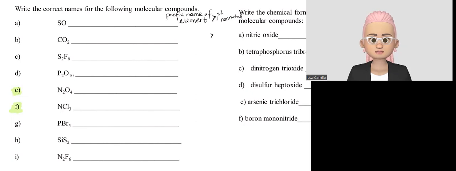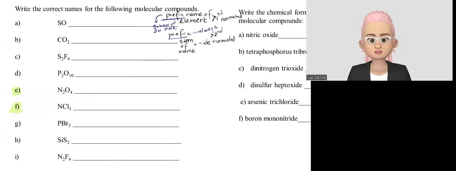And then for your second nonmetal, we're going to have a prefix, the stem of the name for that nonmetal, and the ending ide. Let me repeat that the prefix for the first nonmetal is only used for a subscript of 2 or more. The prefix for the second nonmetal is always used.